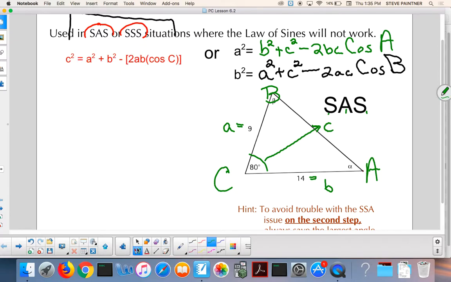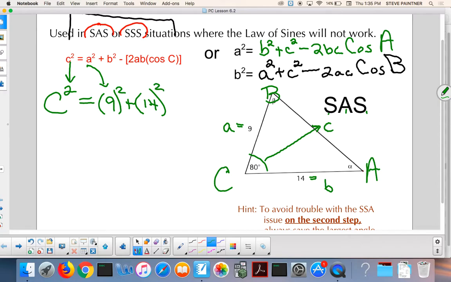Side C: do we know C? No, so C squared is part of the formula. What's A? 9 squared. What's B? 14 squared. Minus, right? Minus 2 times 9 times 14 times what?